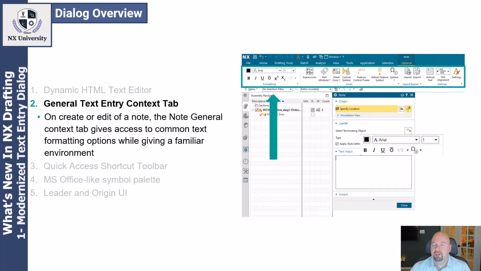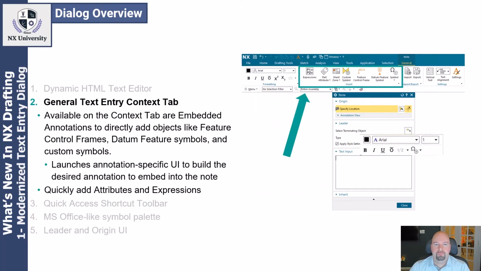So things such as customizing the font, adding expressions, part attributes, etc., as well as feature control frames, and all the settings related to the text on that toolbar as well. The General Text Entry Context tab is going to include things such as entry of your expressions, part attributes, your sheet zones, custom symbols, feature control frames, and datum feature symbols, as well as your traditional symbols.